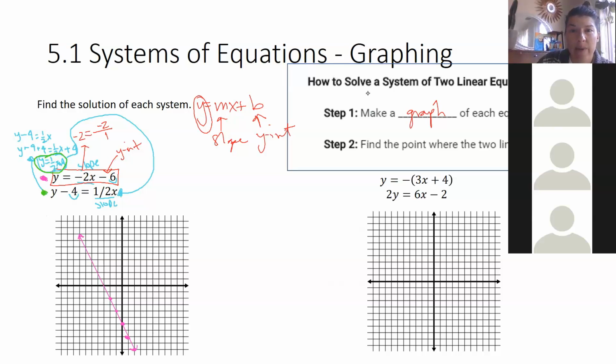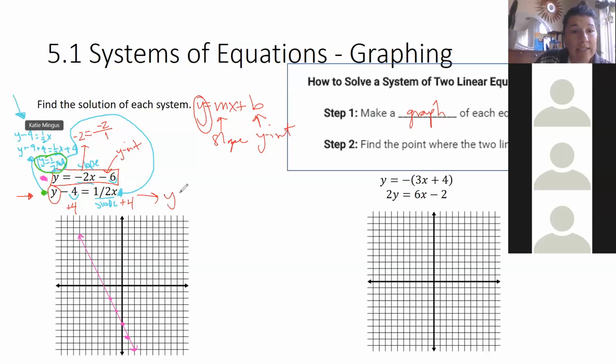Okay, so now I'm going to change back to red. Oh dear, look at this green equation. It is not in slope-intercept form. Wah, wah. So we need to put it in slope-intercept form. How are we going to get y by itself? I have this -4 to undo. Let's add 4, move it to the right side.